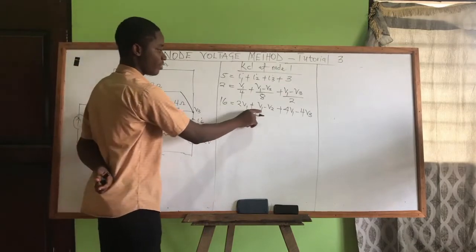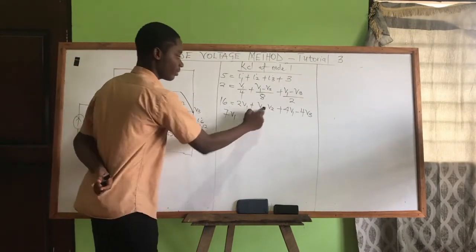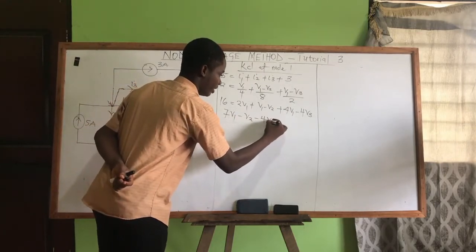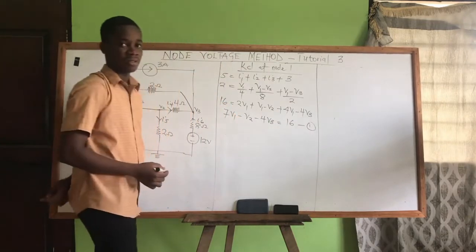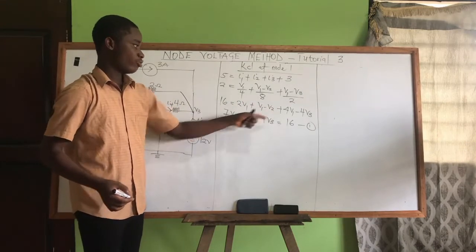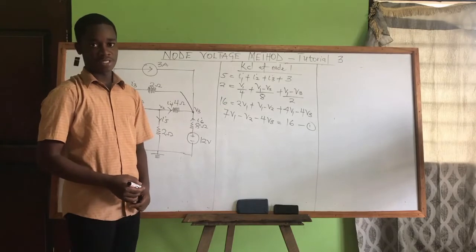So V1 is giving us 7 V1. We have minus V2 minus 4 V3 is equal to 16 as our first equation. We just group like terms here: 7 V1 minus V2 minus 4 V3 is equal to 16 volts.